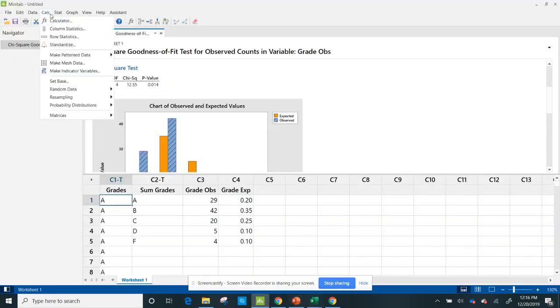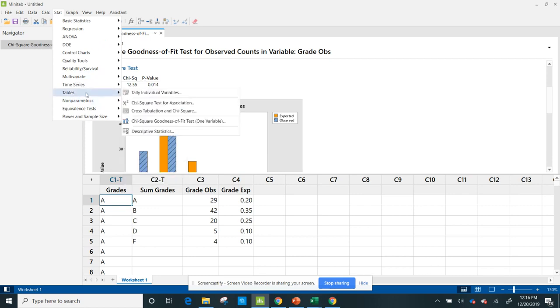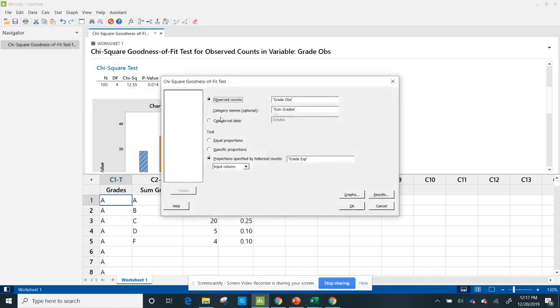I'm going to go to Stats, Tables, one variable. This time, I'm going to call it categorical data. Why am I calling it categorical data? That to me says, okay, go find my raw data. So then I'm going to click on my raw data. Why? Because remember that first column of grades is all my raw data.